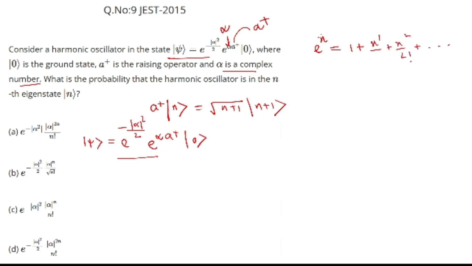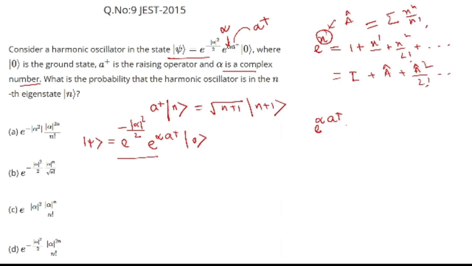Okay, so now if we replace this x by any operator like A, then the first term will be an identity matrix, the second term will be only A, the third term A squared by 2 factorial, and so on. Similarly, if we write e to the power alpha A dagger, in general the expression will be summation x to the power n by n factorial, n equals 0 to infinity.